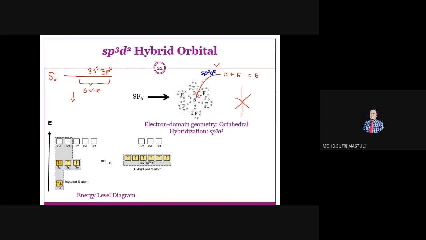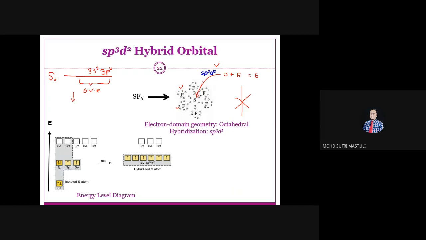So 3s2, 3p4. If we don't proceed with the hybridization, we only have 2 single electrons. These 2 single electrons are only able to form the first fluorine and the second fluorine. The rest of the fluorines are not bonded.